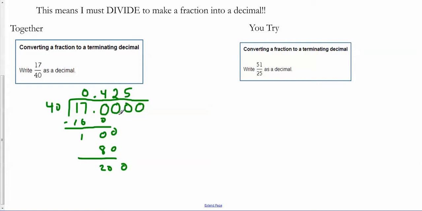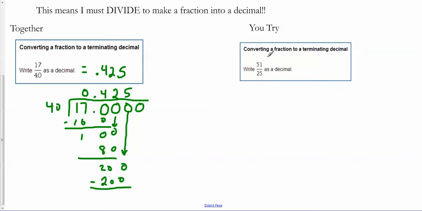You notice how I'm keeping everything nice, neat, and lined up. Okay, this helps with the division so you don't get things confused. So 17 over 40 is 425 thousandths. Now 20/40 is 5/10ths, so that kind of can give you a benchmark to see if you're right.